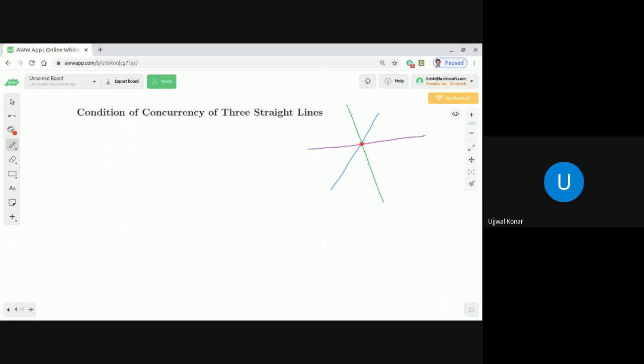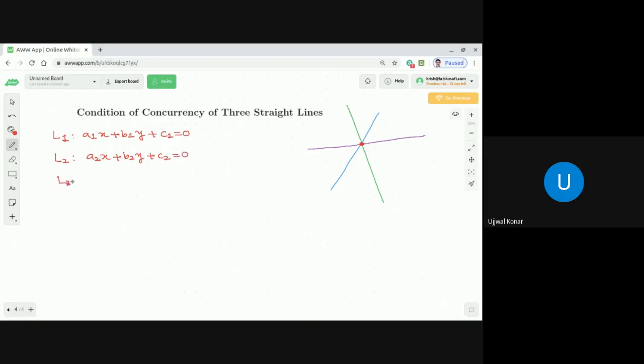Now when I say these three straight lines, that means we know their equations. So suppose the equation of the first straight line L1 be a1x plus b1y plus c1 equal to 0. Equation of the straight line L2 be a2x plus b2y plus c2 equal to 0.